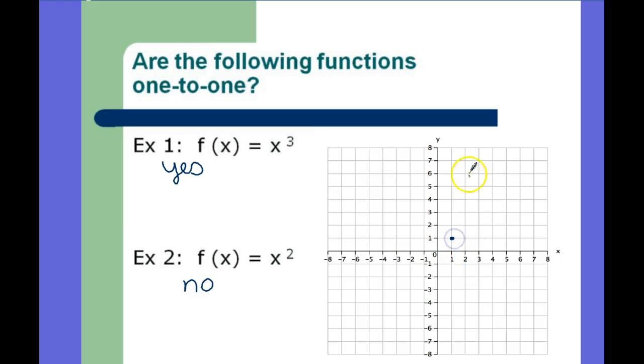It would go through 1, 1, into 2, 8. So there's your cubic, and here's your quadratic. We can see that the cubic passes the horizontal and vertical line test, whereas the parabola passes vertical but not horizontal.